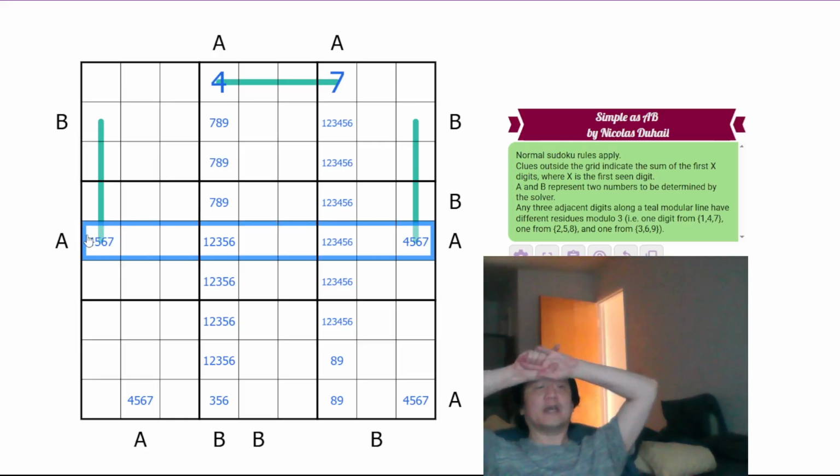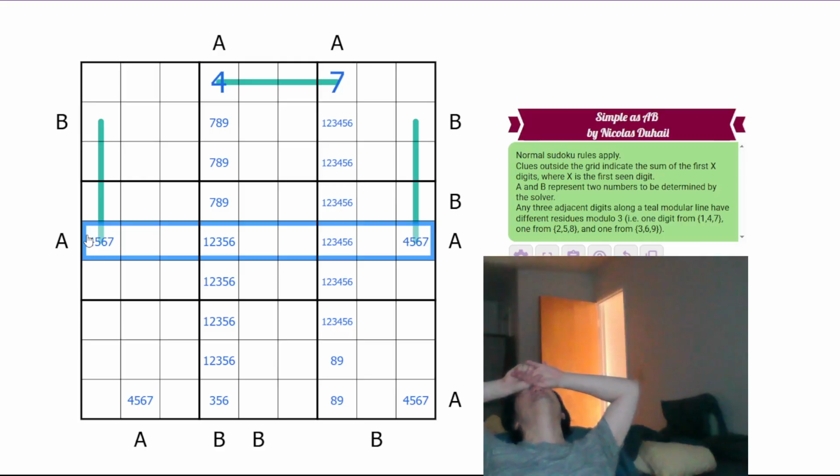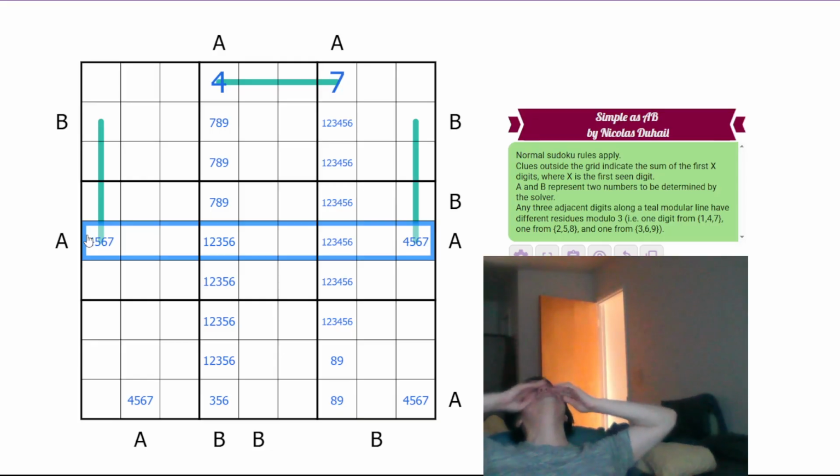So we have 28. That means 45. 28 plus 28 is 56.